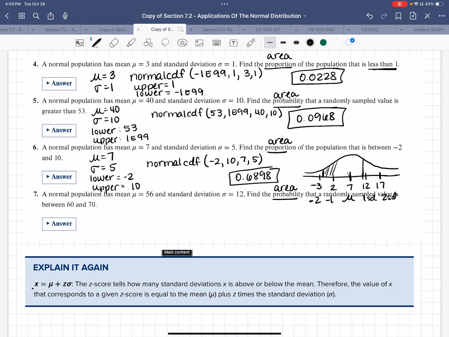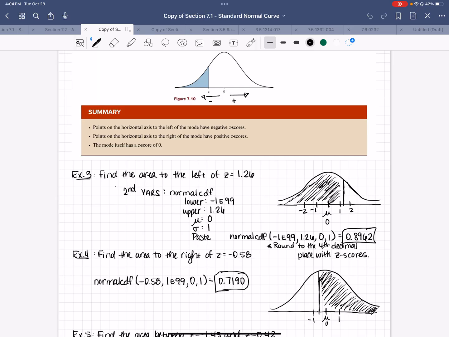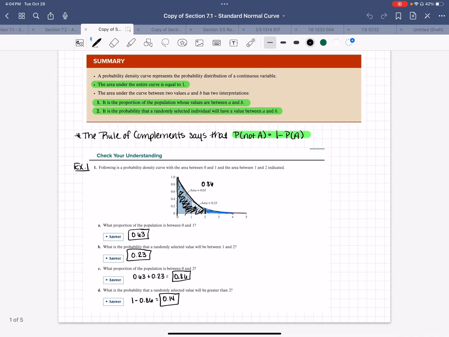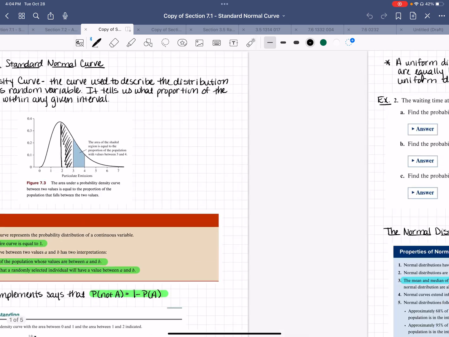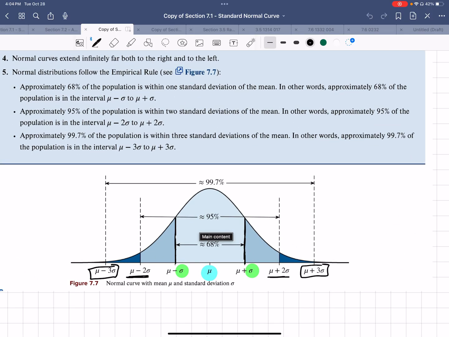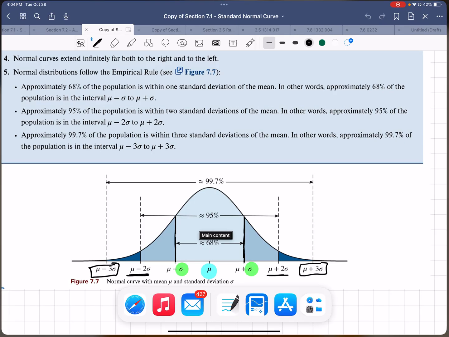It follows a normal distribution curve. If we look back at 7.1, on the second page, 1 standard deviation away is 68% of that population, or 0.68. That's the proportion.